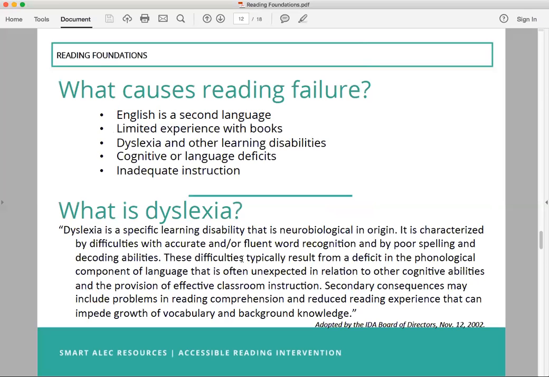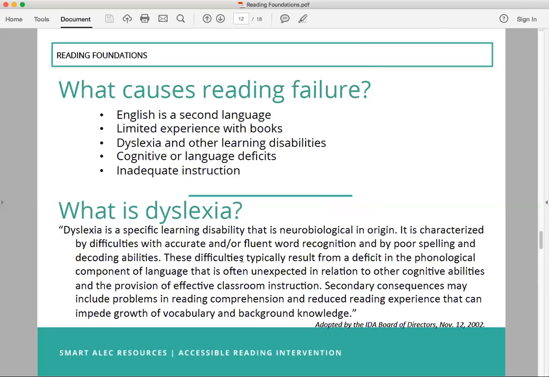The context processor, the meaning processor, those things are going to need to be built up a little bit more. If we have limited experience with books, then we're probably going to expect to see a meaning and context processor being a little weaker. Dyslexia and other learning disabilities are likely impacting the phonological and the orthographic processor. So if we can get those things in place, then usually the others fall into place as well.